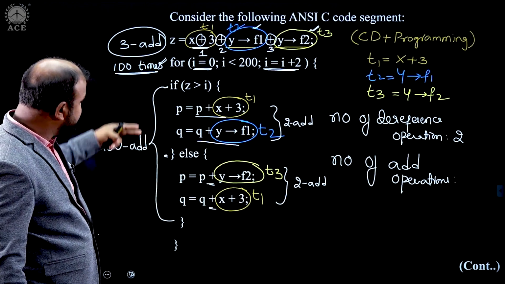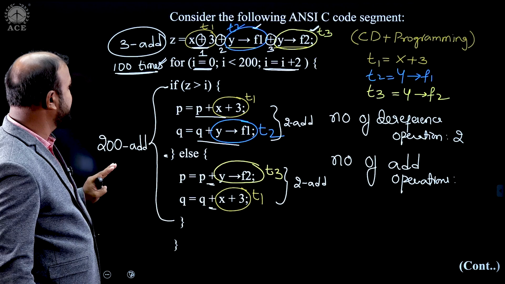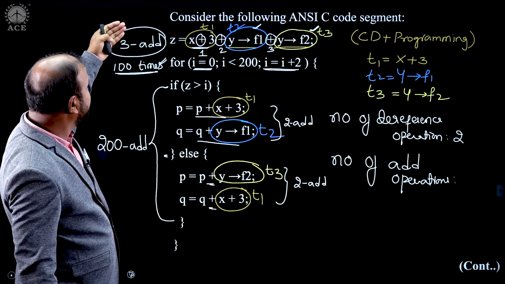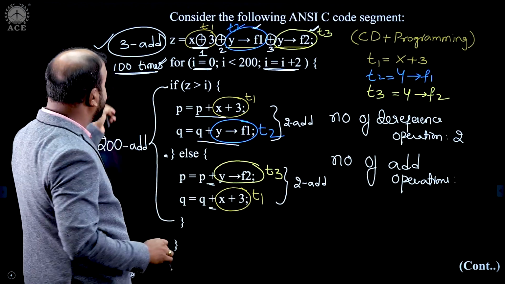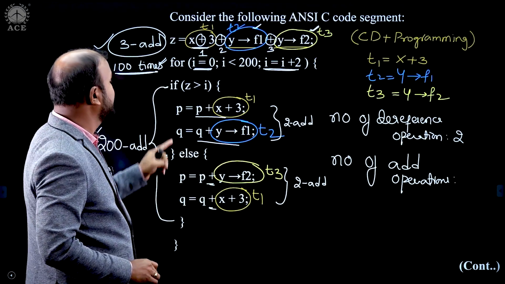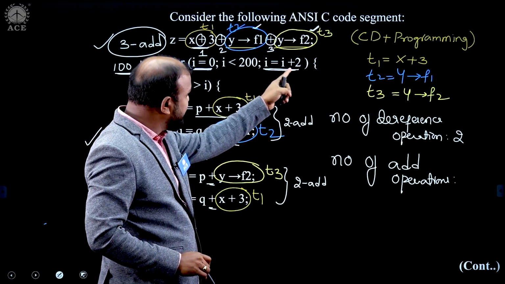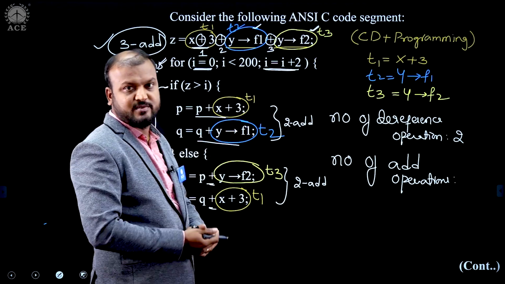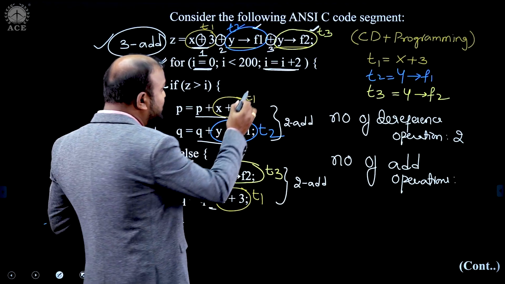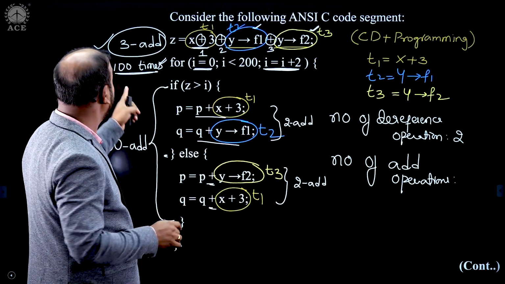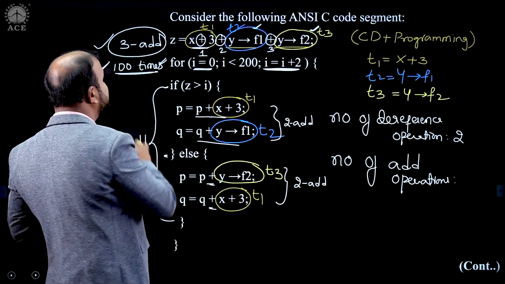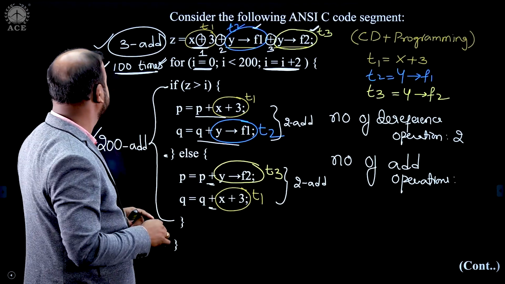Outside of the first statement, we have 3 add operations. Okay. And in the first statement you can look, we also have an add operation, I equal to I plus 2. This is going to be executed how many times? 100 times. Why? Because this loop is executing 100 times.